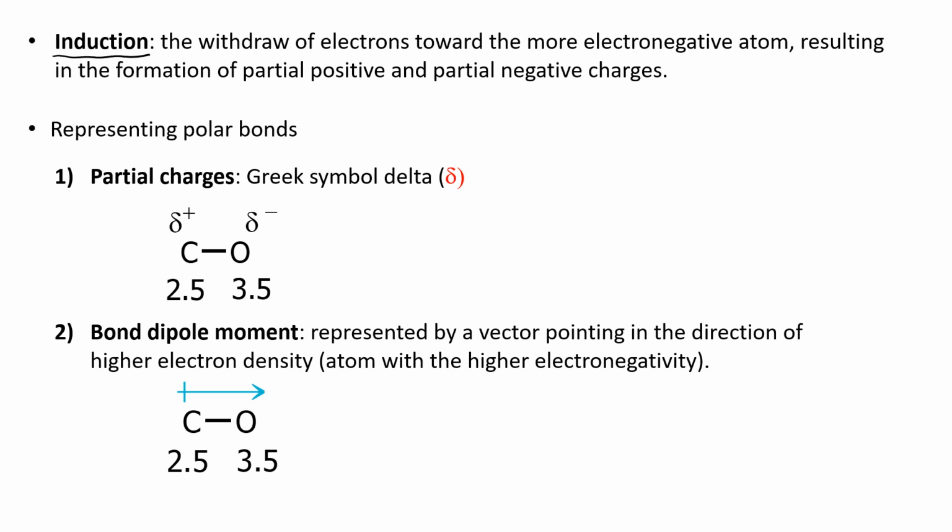It results in the formation of a partial positive and a partial negative. Now, this is different than something like an ionic bond. In an ionic bond, like Na and Cl, the sodium has lost an electron, the chloride has gained an electron. These have full formal charges.